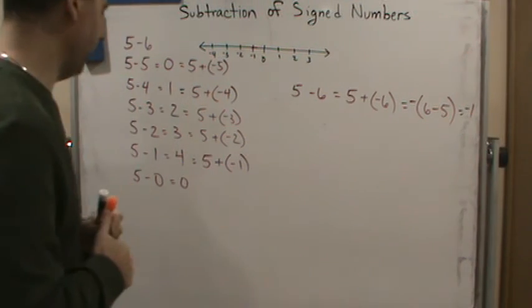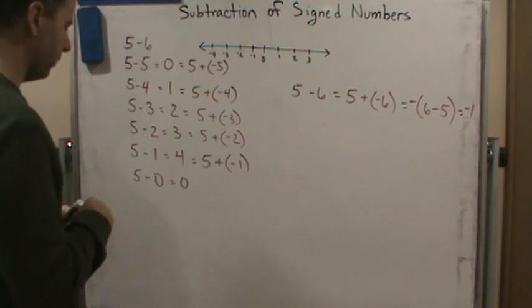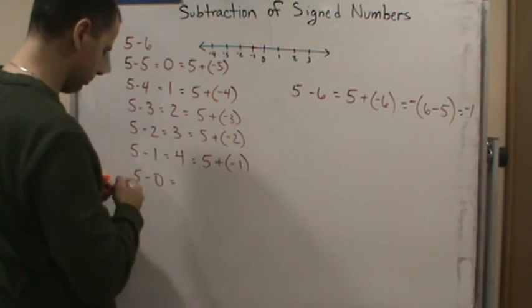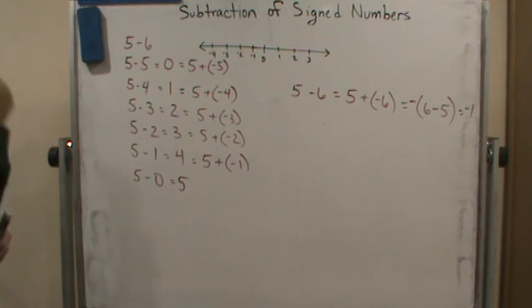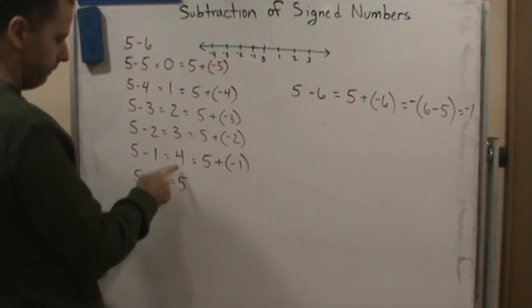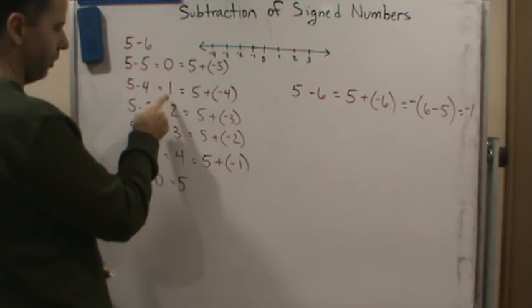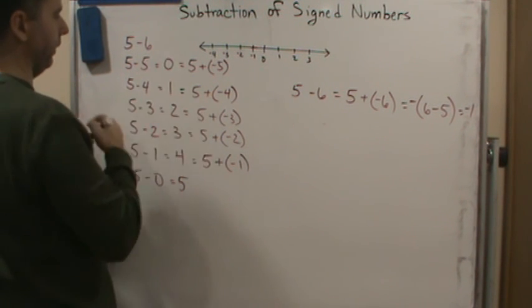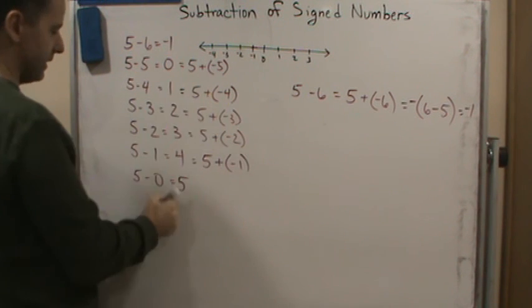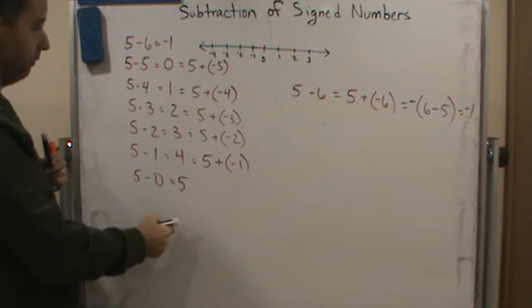Now look at the pattern here. I have 5, 4, 3, 2, 1, 0, negative 1. It fits the pattern, right?